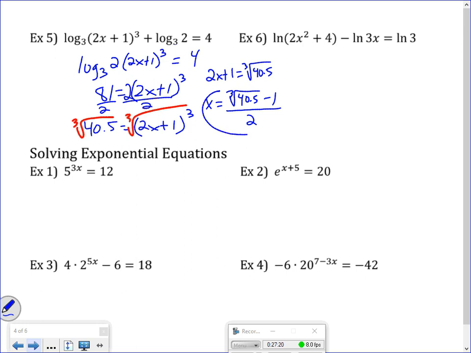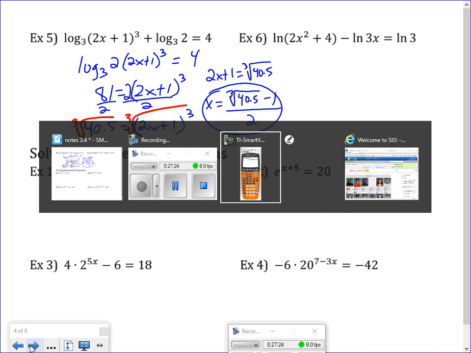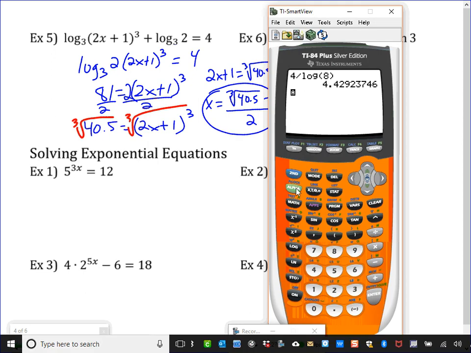But since I do have my calculator, I can type it in. I got my fraction, the cube root of 40.5 minus 1, over 2. Okay, so 1.22. Or you can just leave it like this. I don't care.